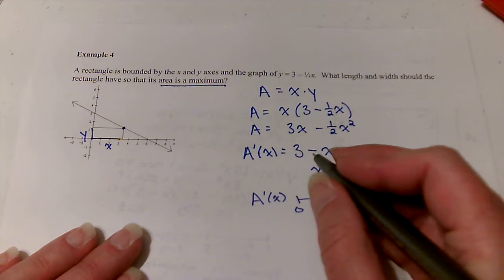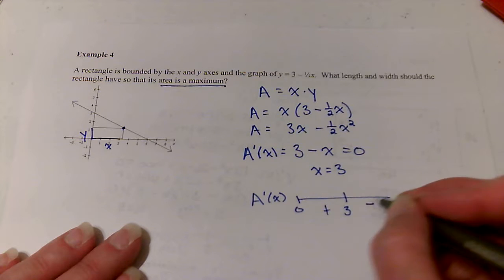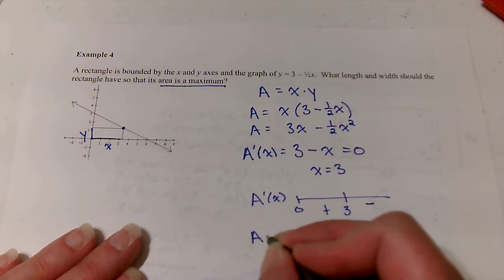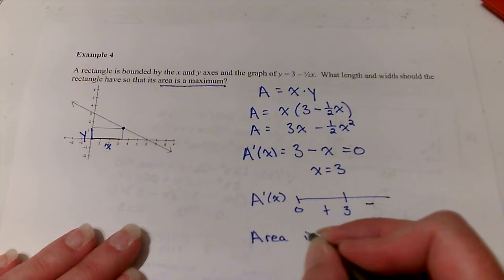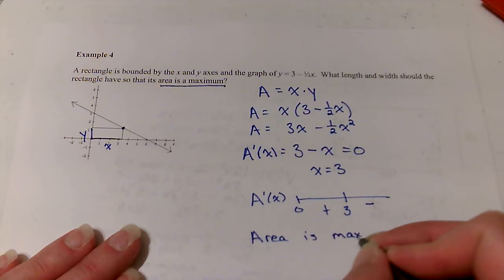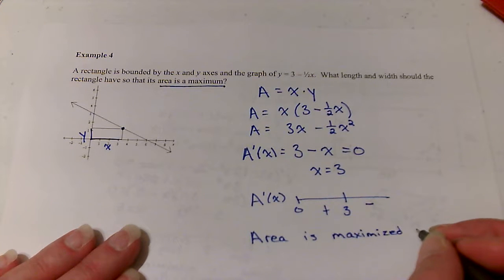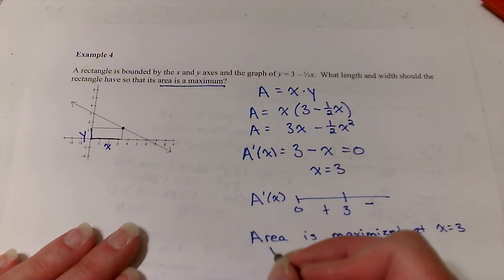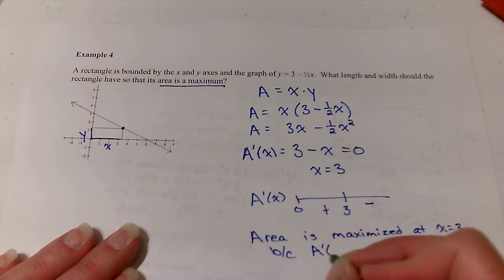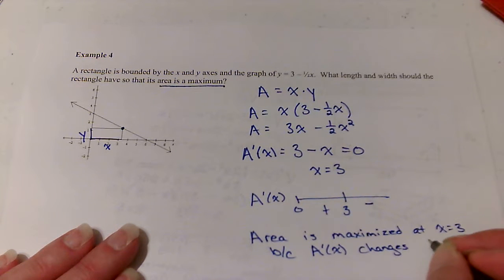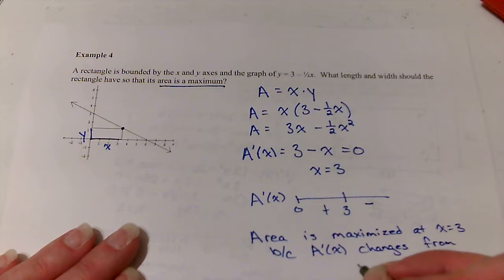If I pick like a 5, 3 minus 5 is negative. So the area is maximized at x equals 3 because A prime changes from positive to negative.